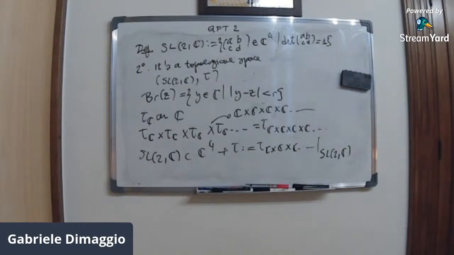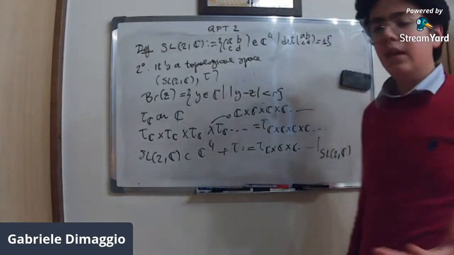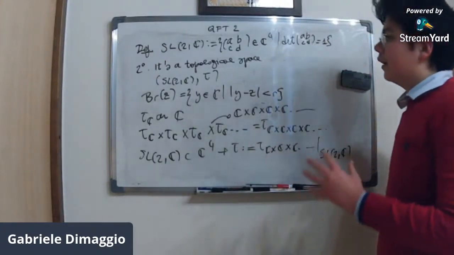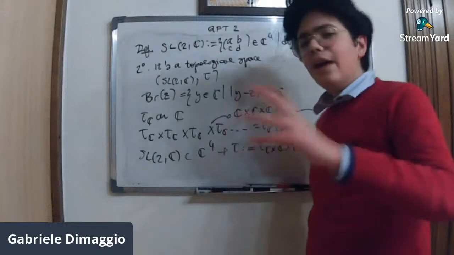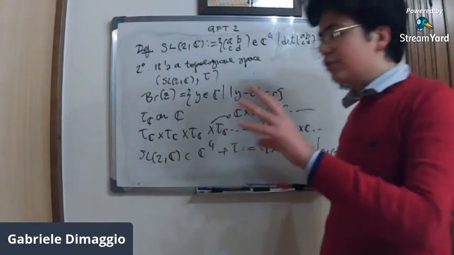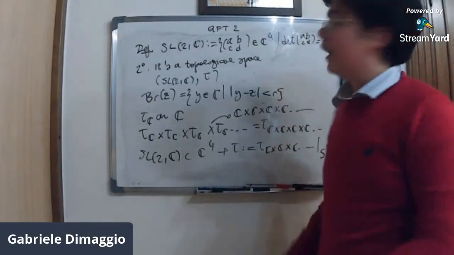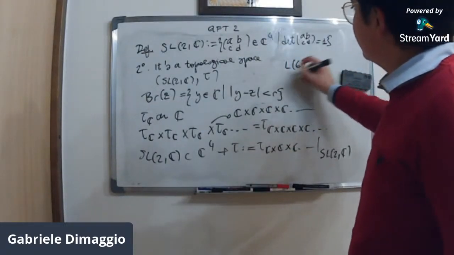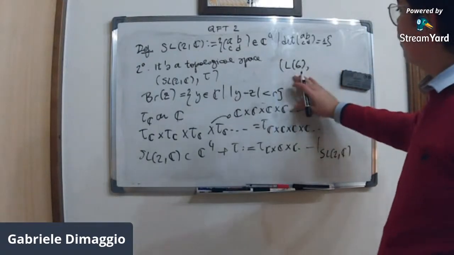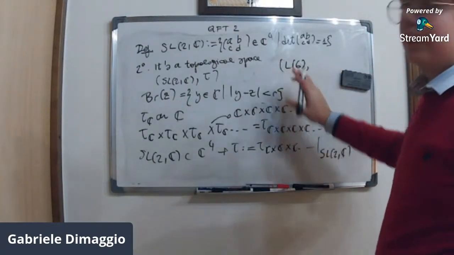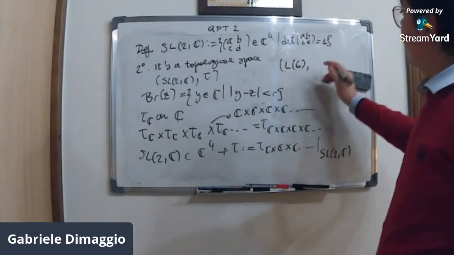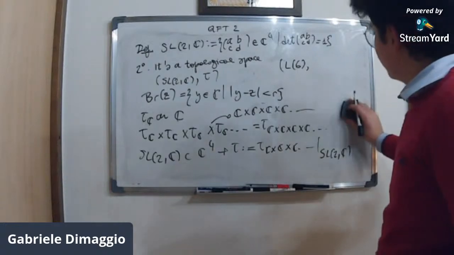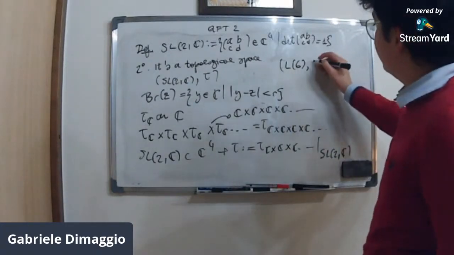Now, of course, I have a Lie algebra too. Do you remember what a Lie algebra is? A Lie algebra is the set of every left invariant vector field endowed with a Lie bracket. So I have a group G. The Lie algebra is a couple: a set, the set of all invariant vector fields on the manifold G, and then the commutator, the Lie bracket.